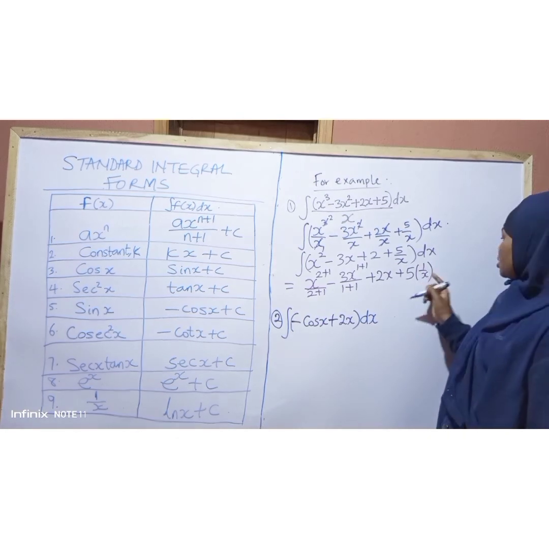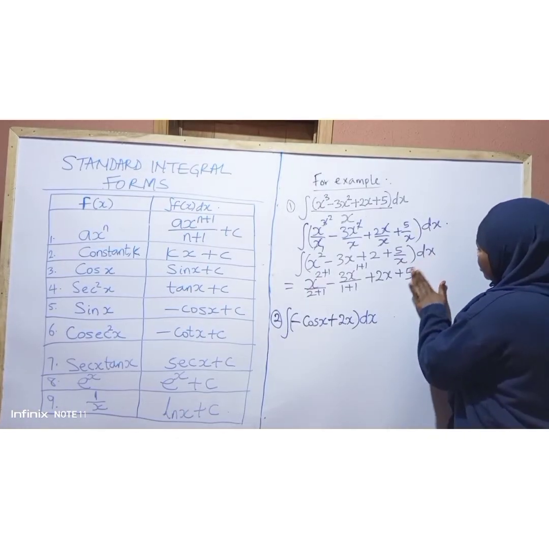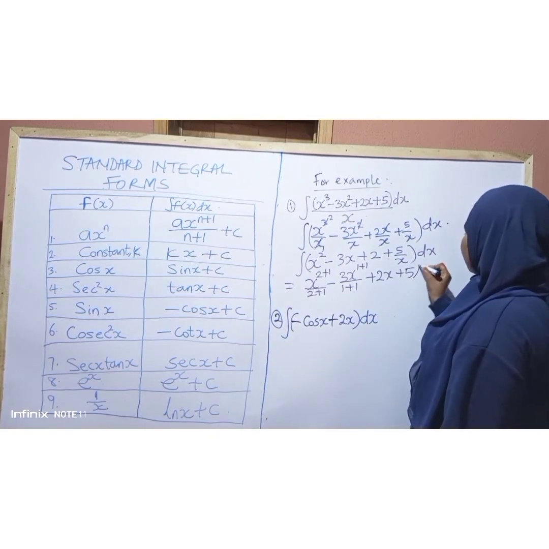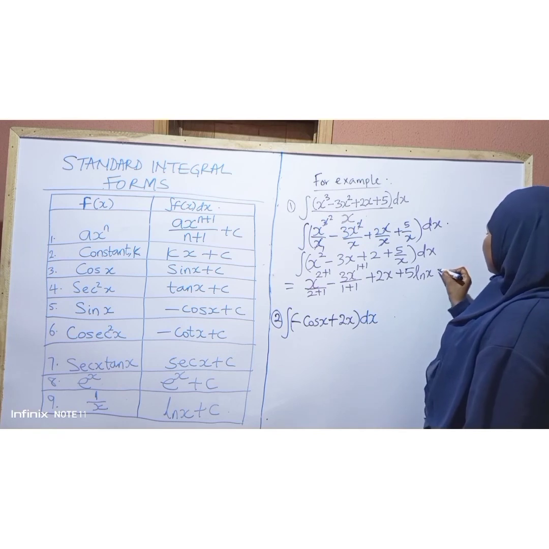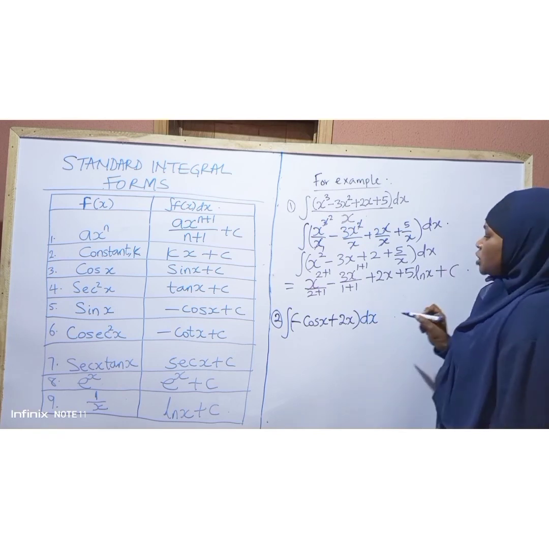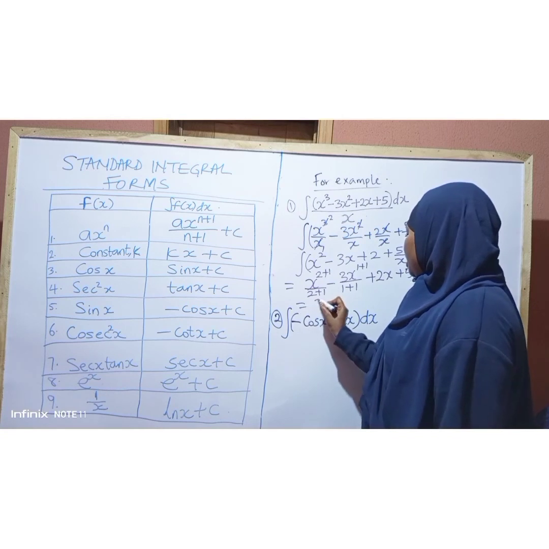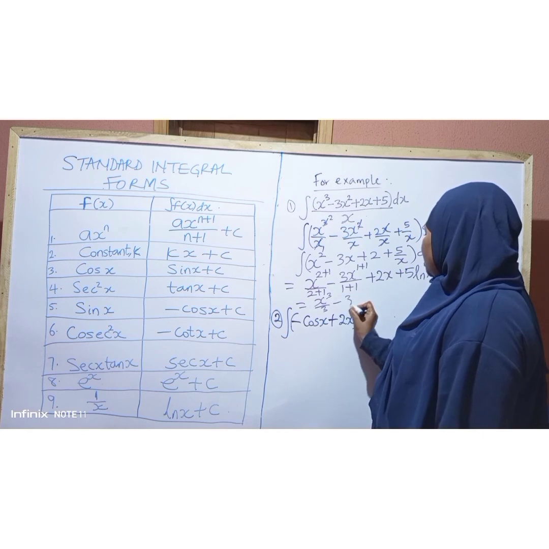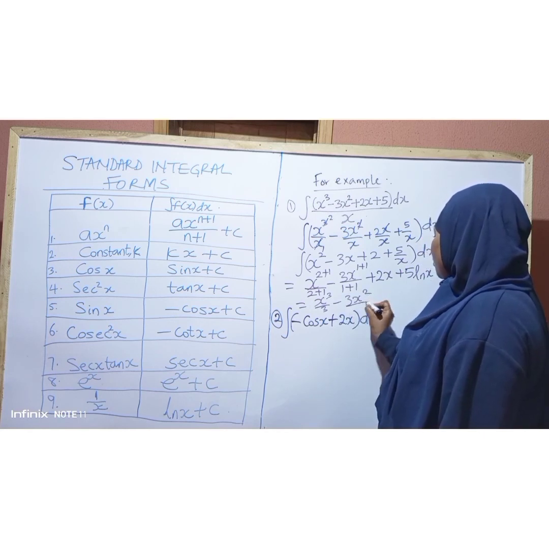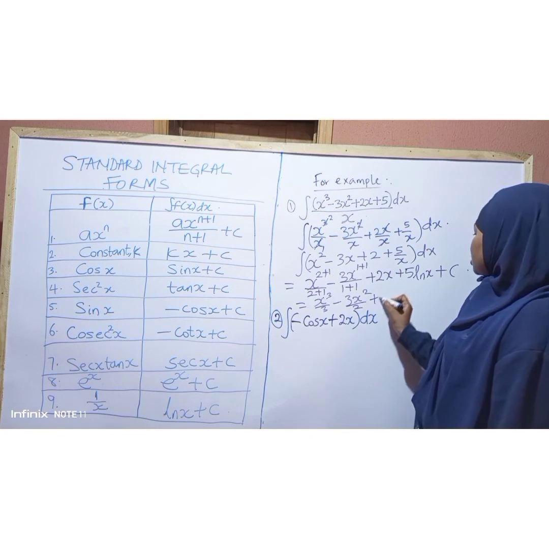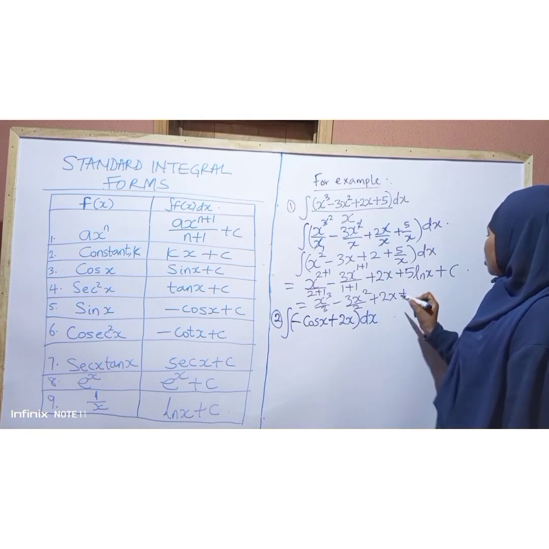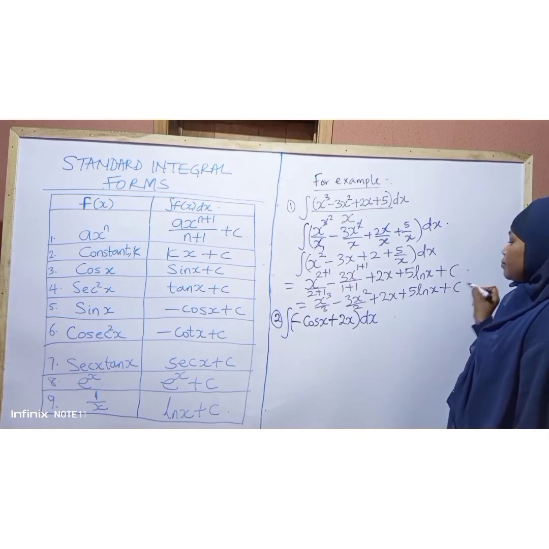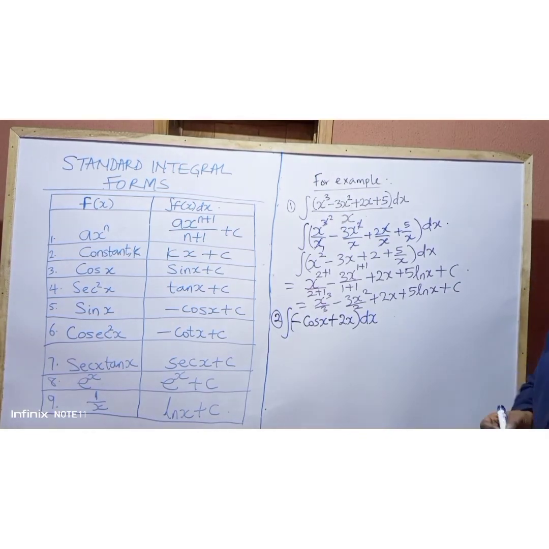So don't forget, if you integrate 1 over x, you have 5 ln x. Then everything plus c. So I have x cubed over 3 minus 3x squared over 2, then plus 2x, then plus 5 ln x plus c. That is the answer for that one.